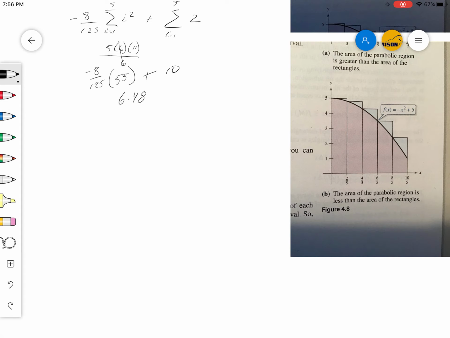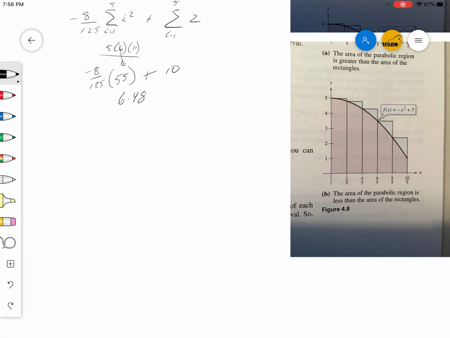If you look at 4/5, it goes all the way up until it touches the arc and then it goes over. On the second picture down here, it's not that way. This picture goes all the way up on the left side of every rectangle and then cuts over to the right. If you look at 2/5 here, it goes up on the left side of the rectangle until it touches the arc and then it crosses over. One more, 4/5 right here. It goes up on the left side of the rectangle till it touches the arc and then it cuts over.